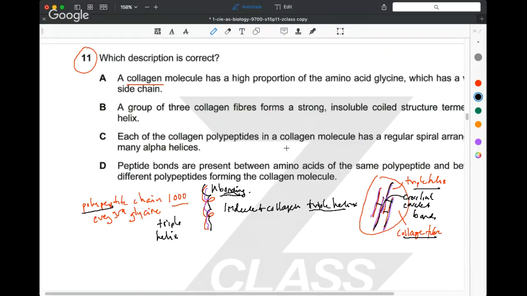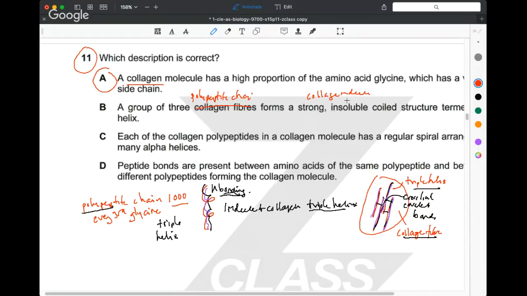So you've got to look quite carefully at these questions here. The actual answer is this one here, it's A, but let's just look at the distractors for a moment. So if you look at this one here, it says a group of 3 collagen fibers forms a structure, which is a kind of helix. Well, that's not true, is it? Because it's a group of 3 polypeptide chains that forms a collagen molecule.